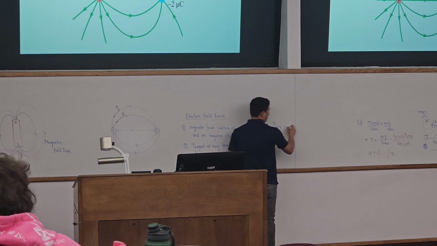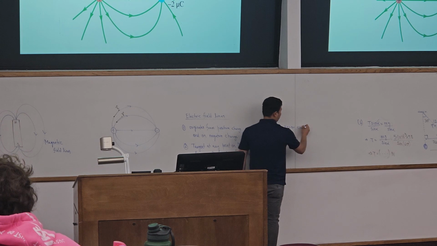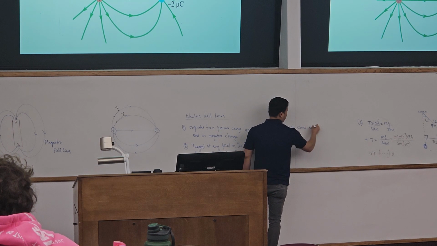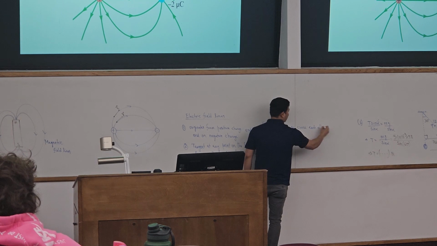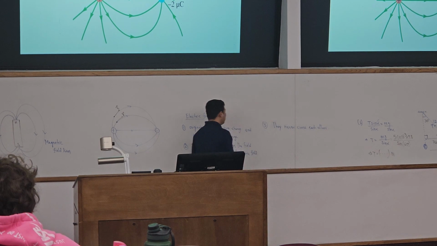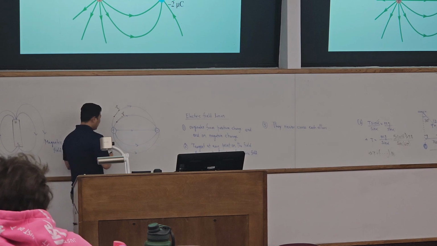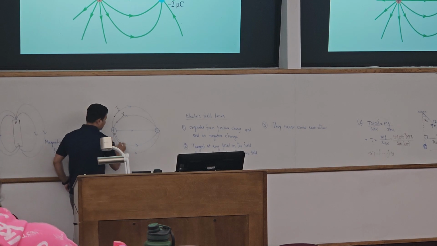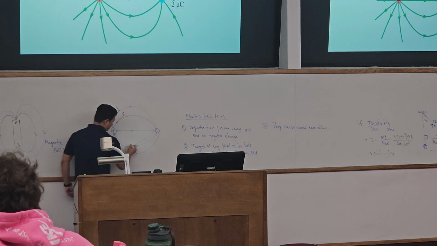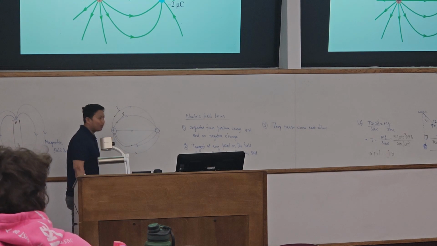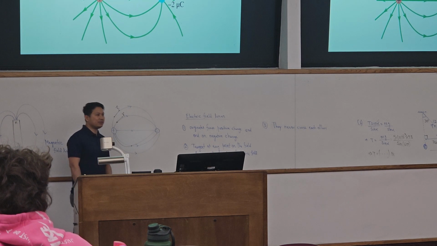So whenever you draw electric field lines, you start from here, and if you draw like that and they cross over here, that will be wrong. They never cross each other.